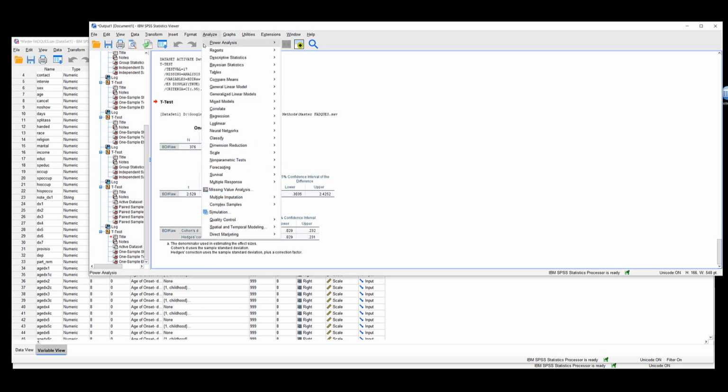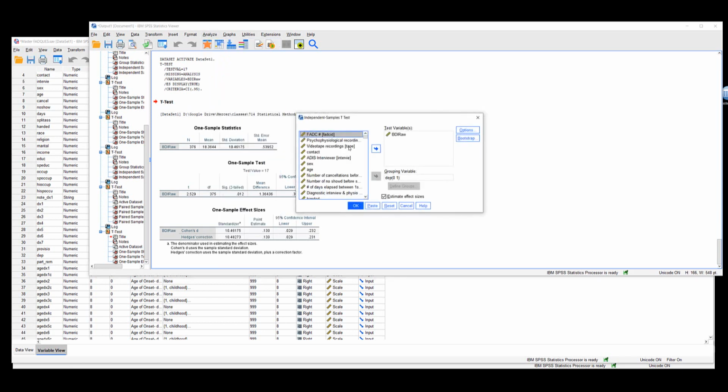So the second one we're going to cover is an independent samples t-test. So now we've got two groups, and we want to see, are these groups different from each other? So in this example, again, I'm going to use this Beck Depression Inventory as my dependent variable. And what I'm going to check is whether people with anxiety disorders who have comorbid depression are different from those who do not have comorbid depression.